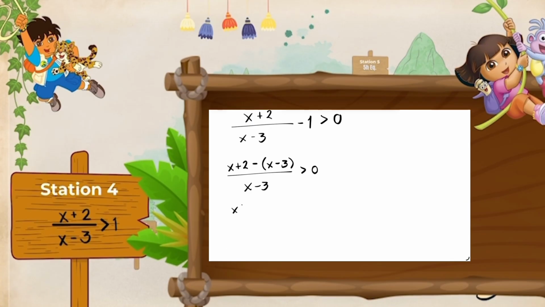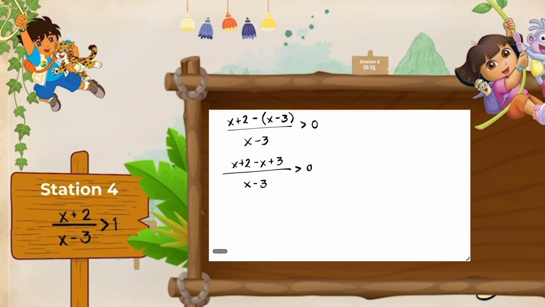So, x + 2, negative x, negative negative becomes positive 3, over x - 3, is greater than 0. So, we combine like terms. The x will cancel out. We're left with 2 plus 3, which is 5 over x - 3, greater than 0.